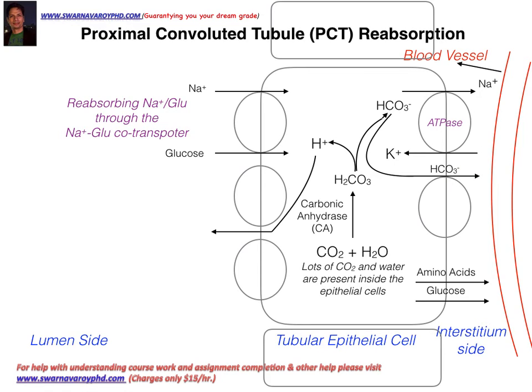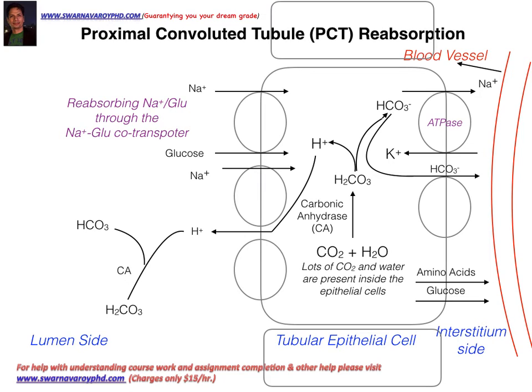This H plus, with the help of the pump called the sodium hydrogen pump, escapes into the lumen side, where it combines with another bicarbonate ion present in the lumen, and with the help of the enzyme carbonic anhydrase, CA, it forms another carbonic acid.